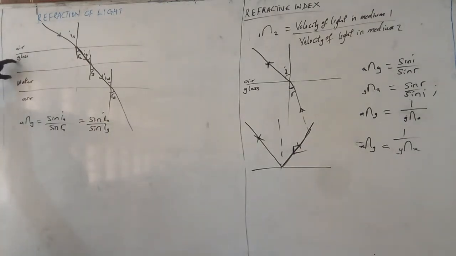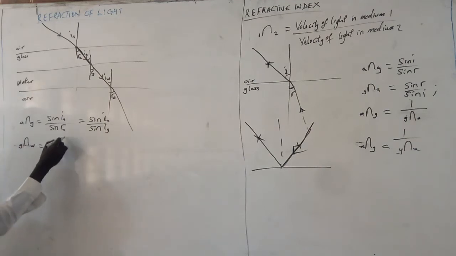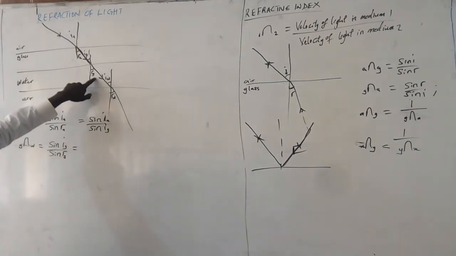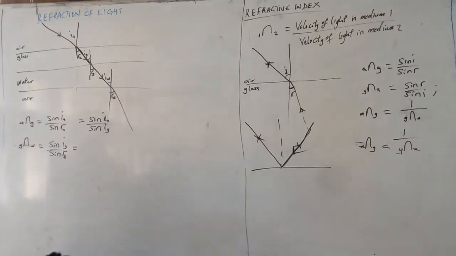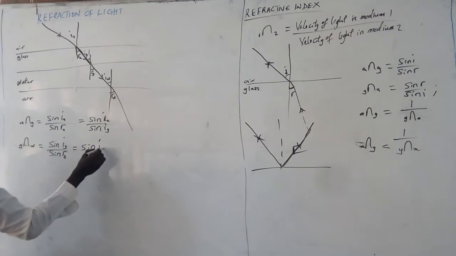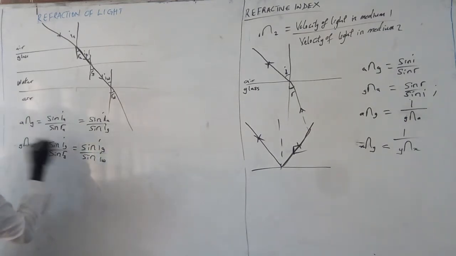Then again, from the glass-water boundary, from glass to water, we have sine Ig all over sine Rg. But if you look again, Rg is equal to Iw. So I can say this is sine Ig all over sine Iw. Then again, water back to air.